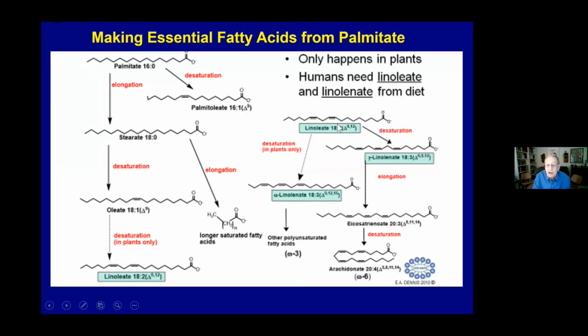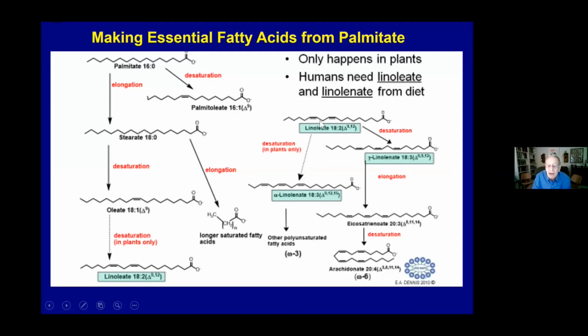Now, if we start with linoleate, the essential fatty acid, we can add double bonds before position 9, and that leads by the pathway on the right to arachidonic acid, the most important polyunsaturated fatty acid in metabolism. It has 20 carbons and 4 double bonds.